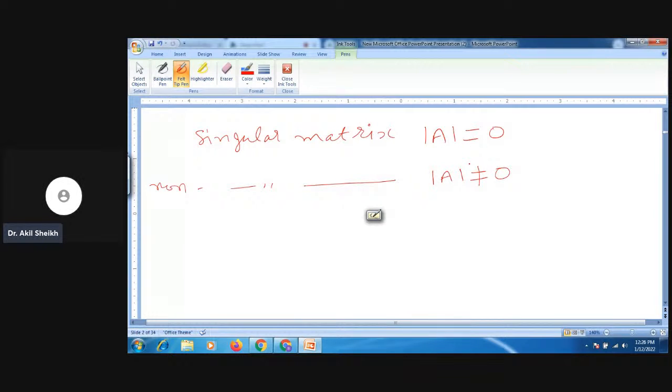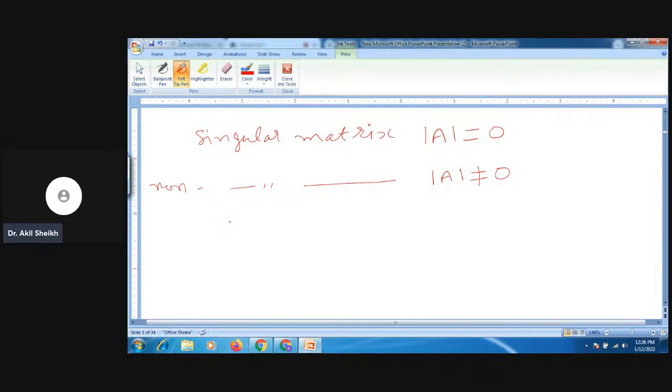This plays an important role when we find the inverse of the matrix. When the determinant is non-zero, that is, the matrix is non-singular, its inverse exists.